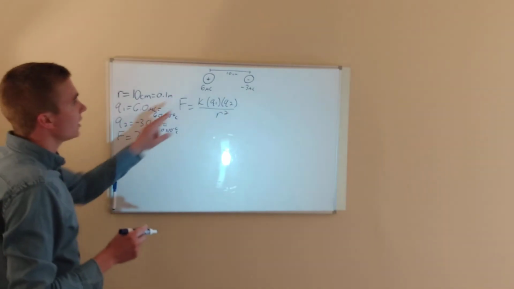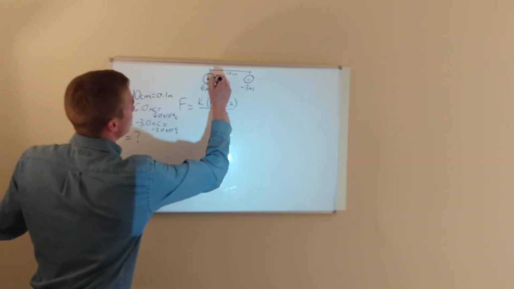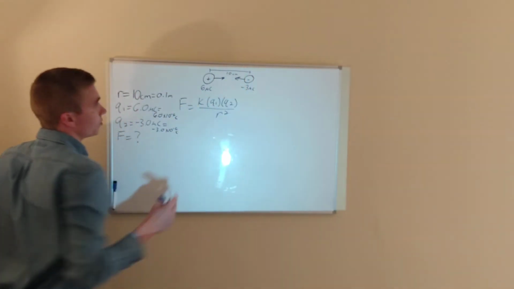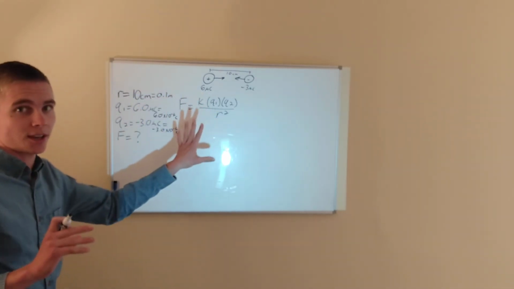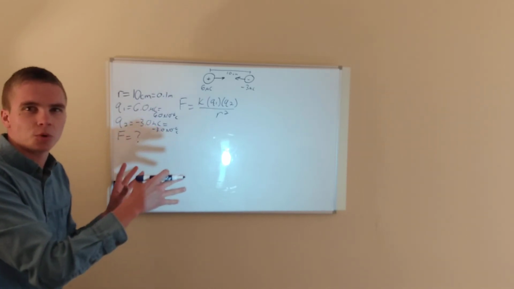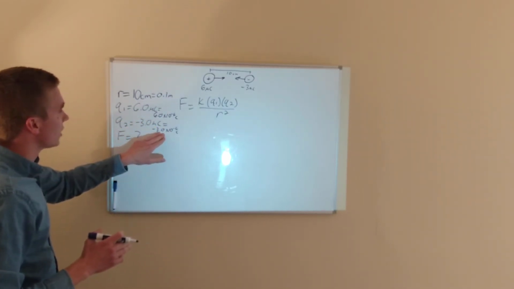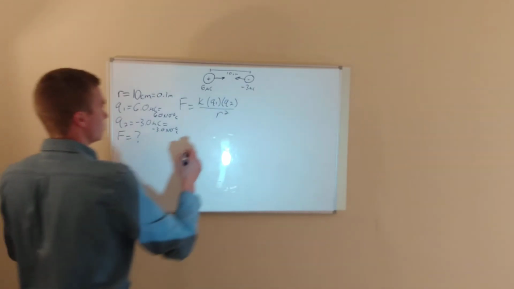Because we have opposites, remember opposites attract, the force is going to pull them towards each other. Once we establish that, we actually can get rid of the negative. The negative doesn't really matter anymore. We can take the absolute value of this and substitute it into our equation. And I'll show you how to do that now.